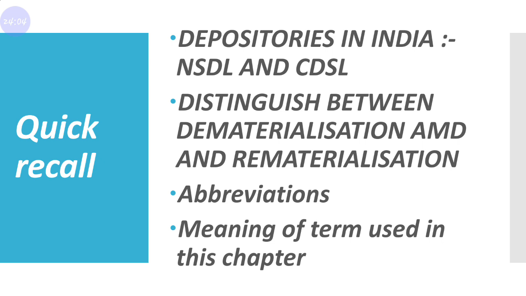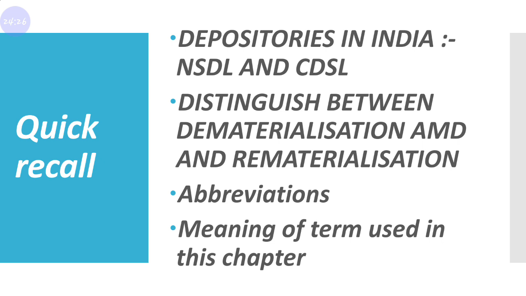Now NSDL has different promoters, that is IDBI Bank, UTI, National Stock Exchange. In the same way CDSL has its different promoters, and has been operating since 1999, and it means Central Depository Services Limited.